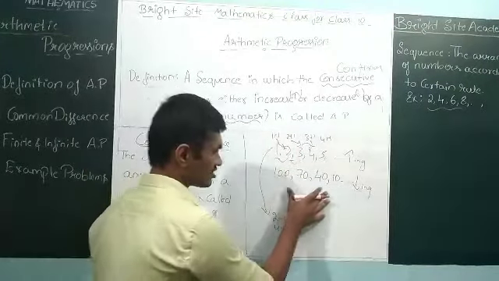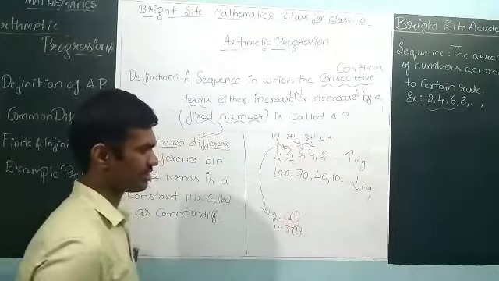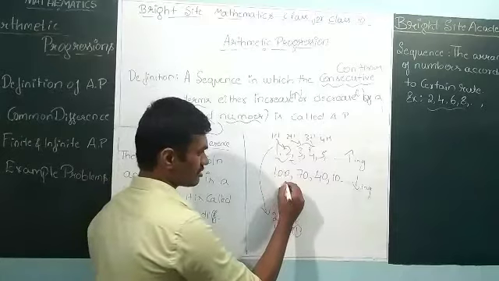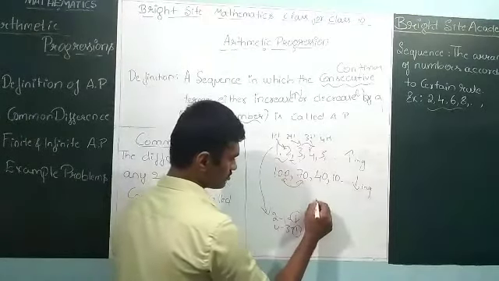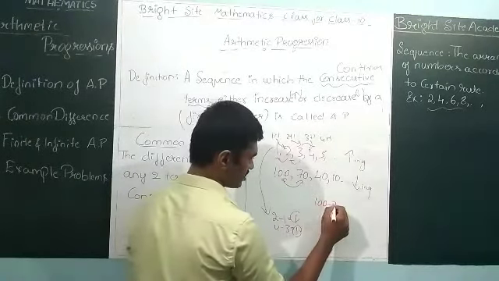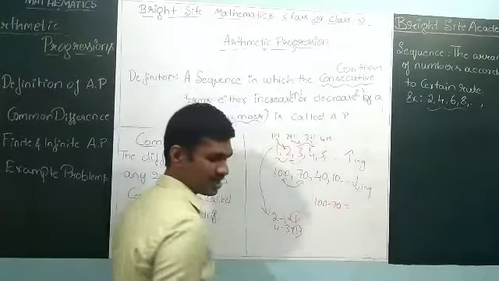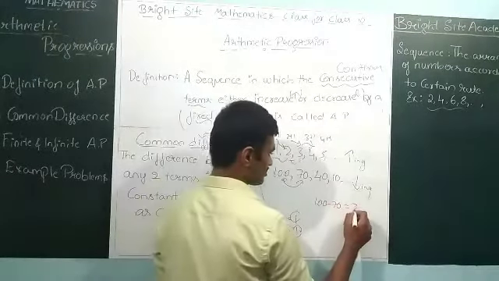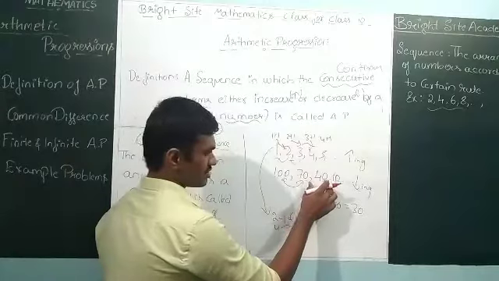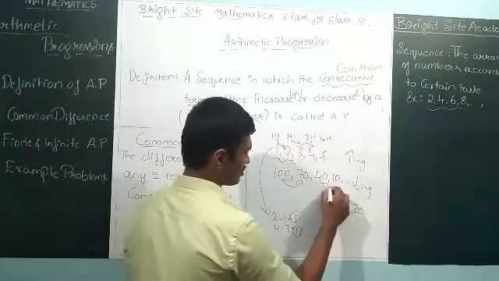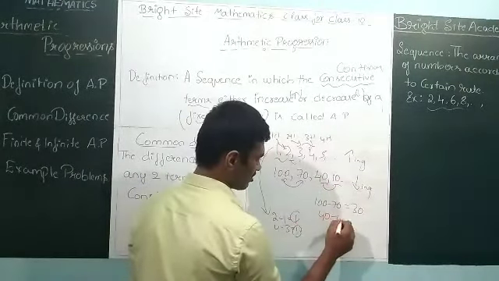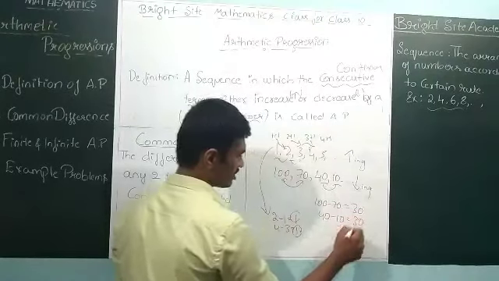Okay, let us come to this example. It is decreasing. So it is decreasing by what? Consider these two, 100 minus 70. What is the difference here? 30, yes. Then take 40 minus 10. What is the difference here? 30, right?